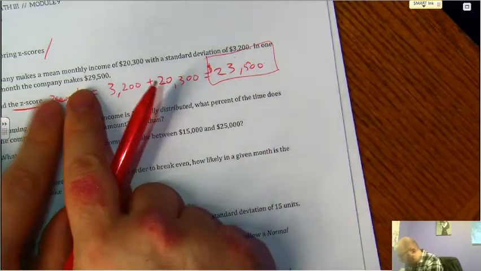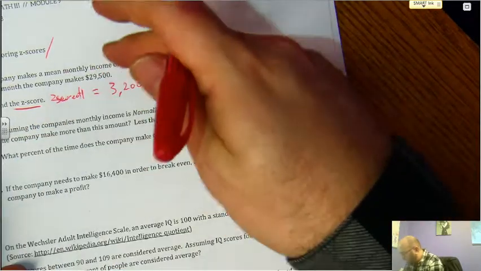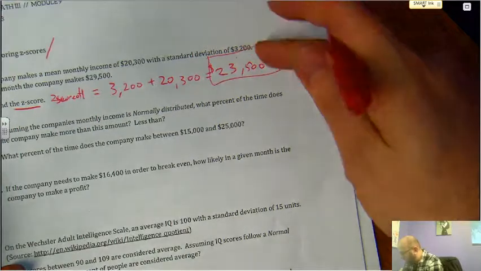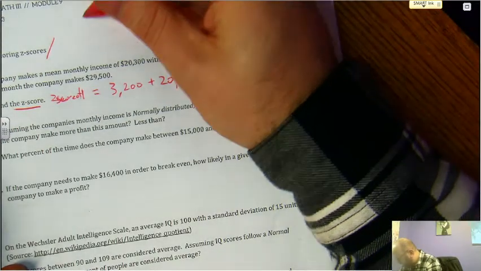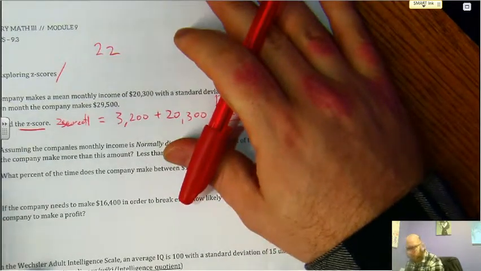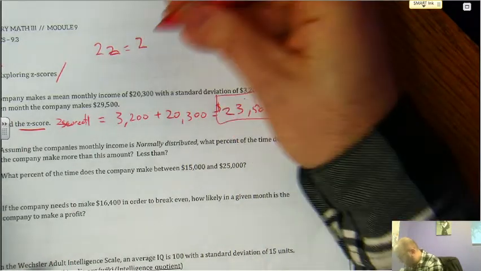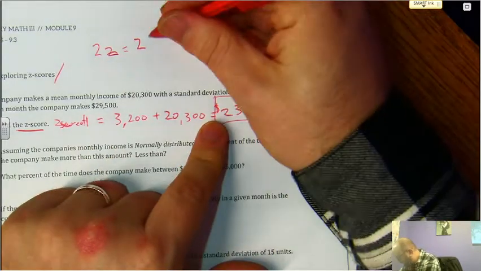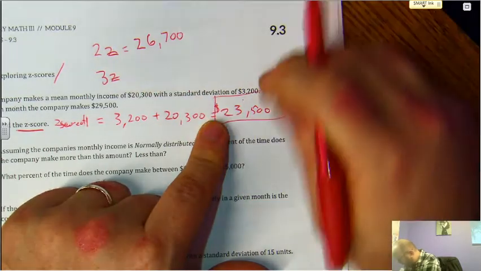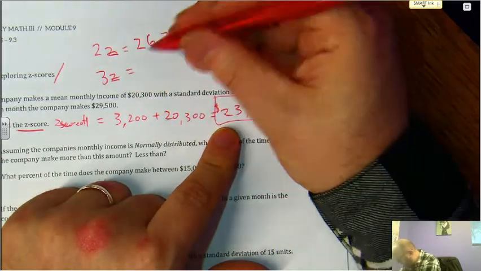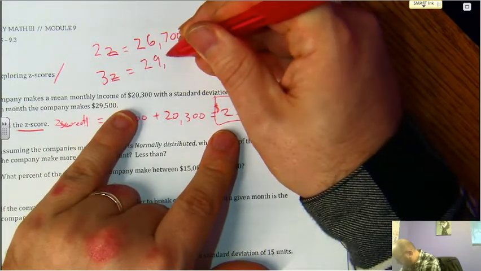So when we're looking at something like 29,500, where would that be on the z-score? So if 1 z-score was this, 2z would be 26,700, 3 z-scores would be 29,900.